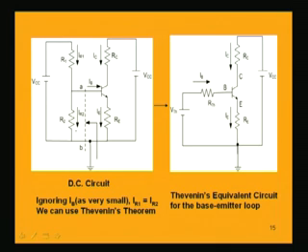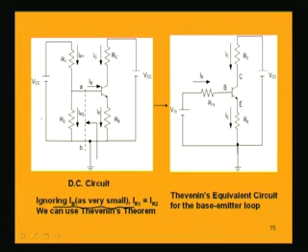Exactly, IR1 and IR2 are not equal, but we conveniently ignore this base current since its value is very small, and approximately we can replace this whole circuit by its Thevenin's equivalent. So, we can neglect it, that means this current and this current are the same. If we neglect base current, then we can find this equivalent.